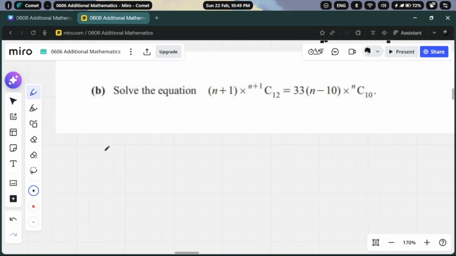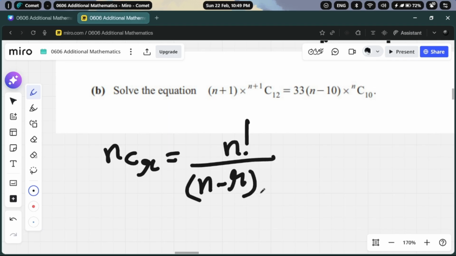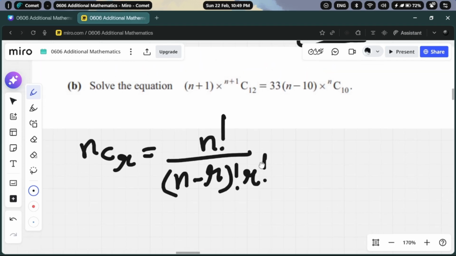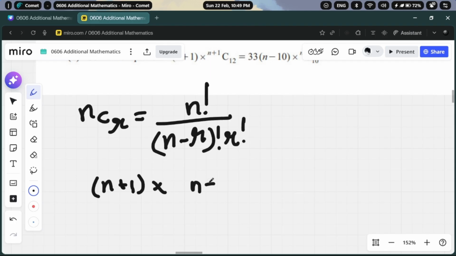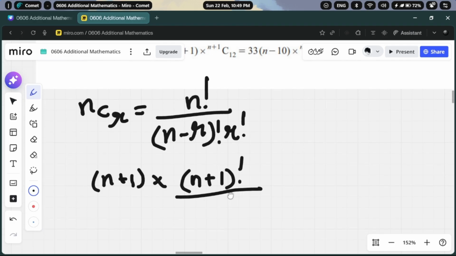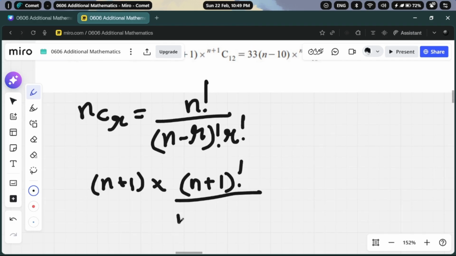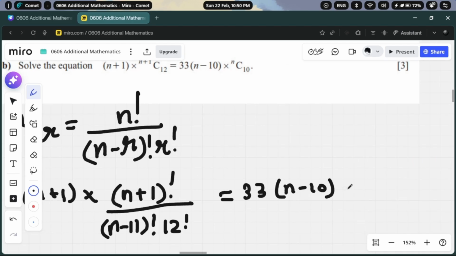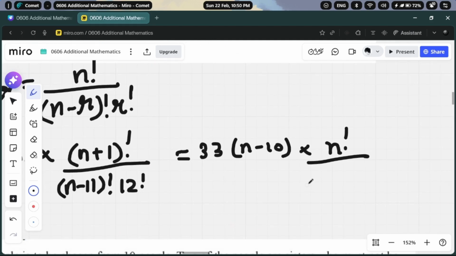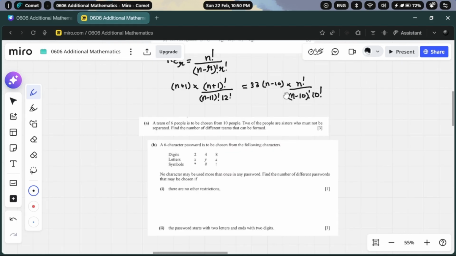So first of all, just make use of the formula nCr is equal to n factorial over n minus r factorial divided by r factorial, which would give you n plus 1 times n plus 1 factorial over n plus 1 minus 12, which would be n minus 11 factorial, divided by 12 factorial is equal to 33 times n minus 10 times n factorial divided by n minus 10 factorial, divided by 10 factorial. Let me just take this down.